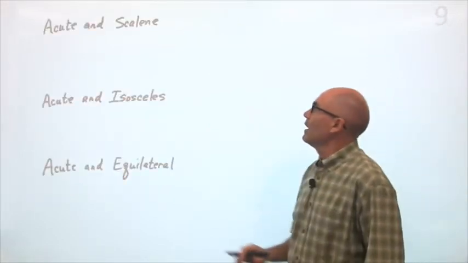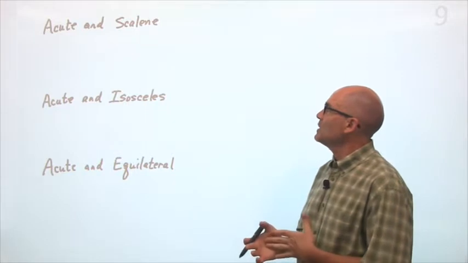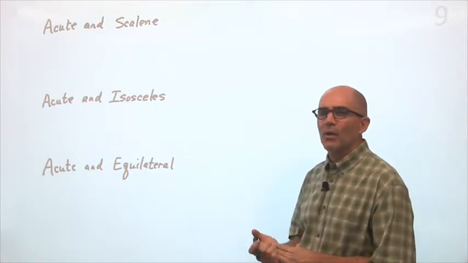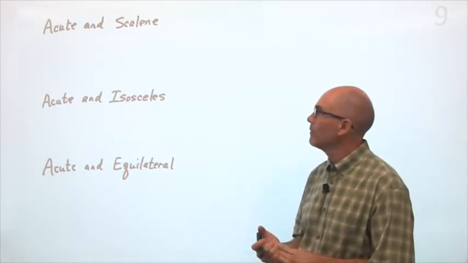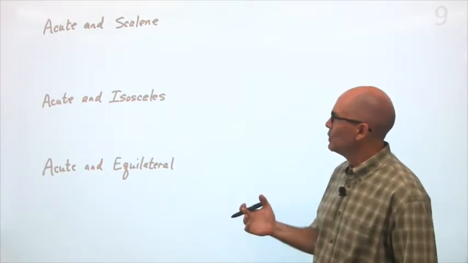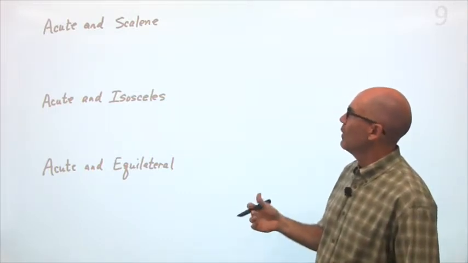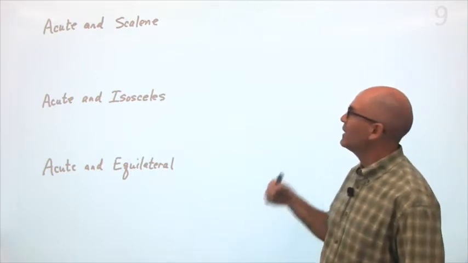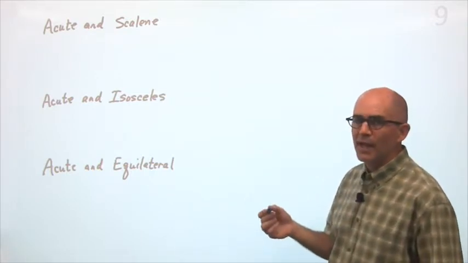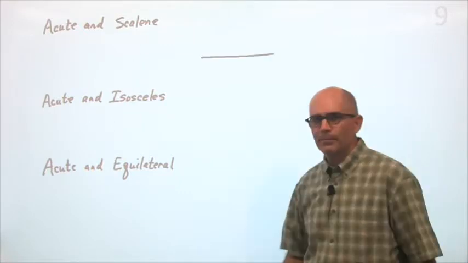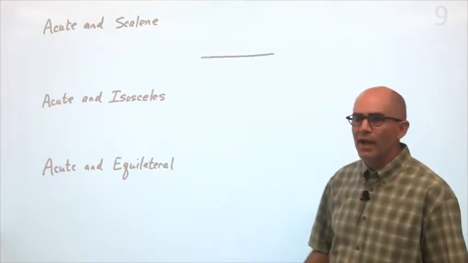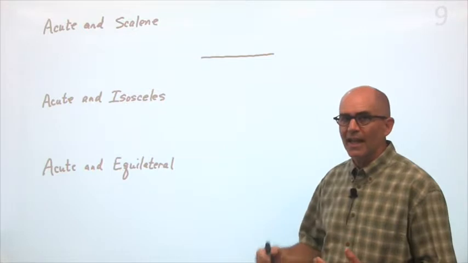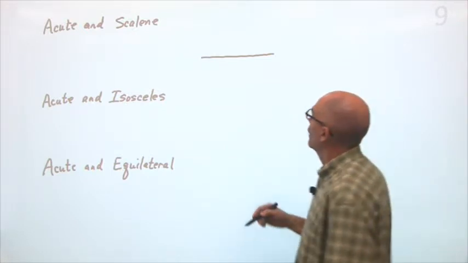Now, can we have an acute triangle that's also a scalene triangle? Well, acute means all three angles are less than 90, and scalene means all three sides are different length. Can we make a triangle that's both acute and scalene?